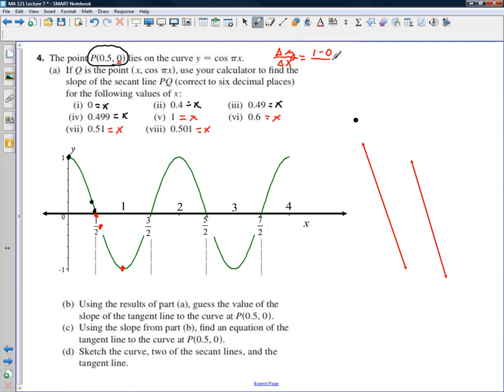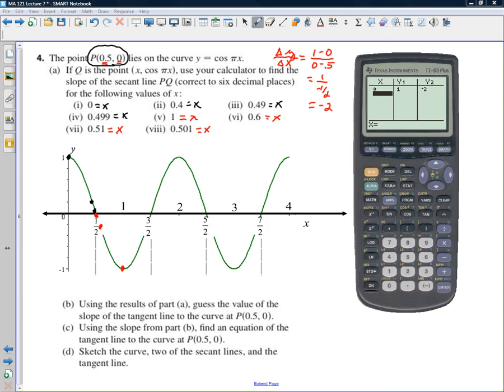And we're going to divide that by the x value. The change in x was 0. And we're going to subtract the given x, the 0.5. So this calculation will be 1 over negative 1/2, which is, if you flip that fraction and multiply by the numerator, negative 2. So on our calculator, that's where it's coming from. Now, let's put in 0.4.